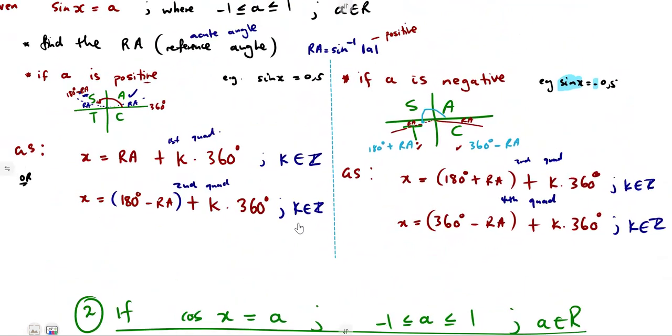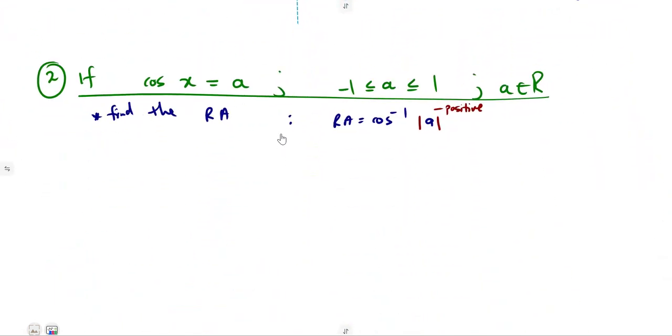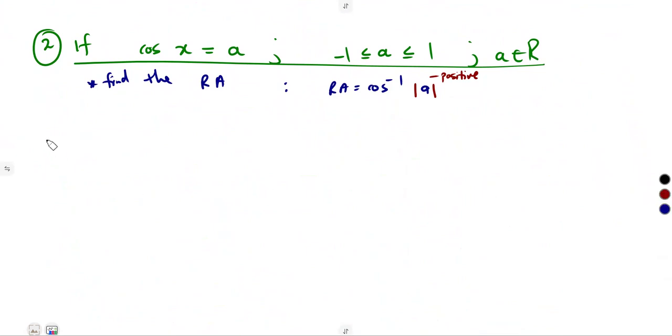For example, we are given cos x equal to 0.3, whatever you're given. It's a positive value. You have your reference angle.